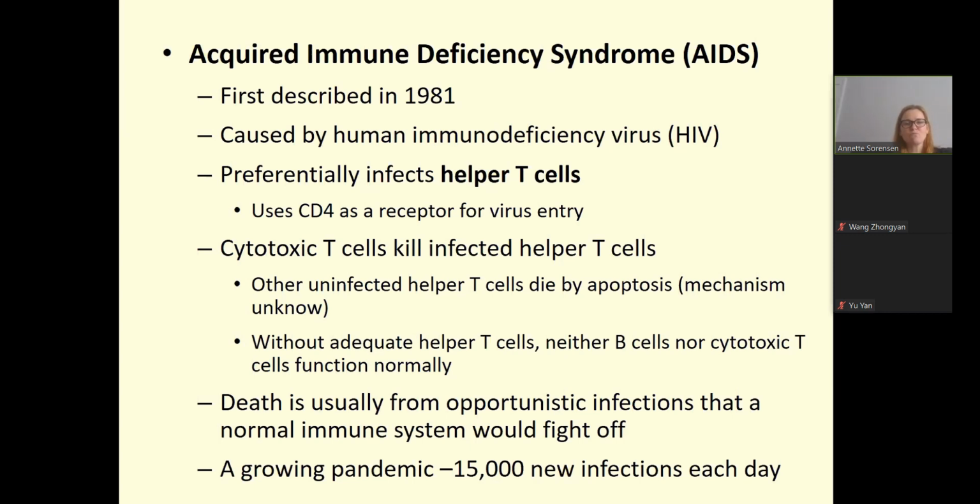So without adequate helper T cells, neither B cells nor cytotoxic T cells can function normally, because we've just talked about how these helper T cells are really important in activating B cells and cytotoxic T cells.